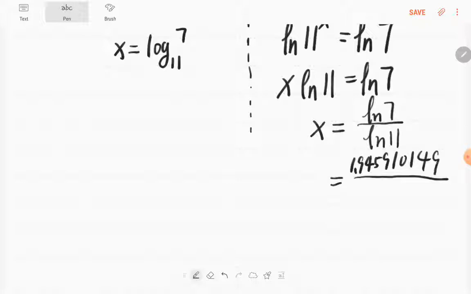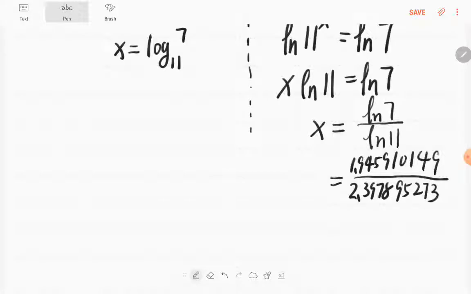1.945910149. If you are not very familiar with your calculator, you'd better keep as many decimals as possible. Okay, divide by natural log 11, which is 2.397895273.